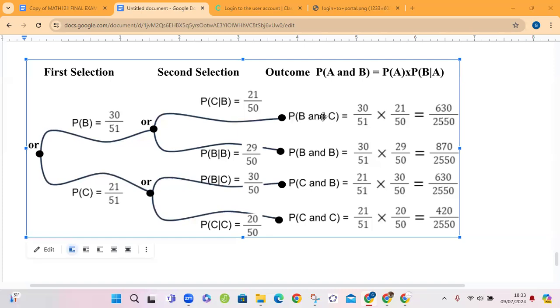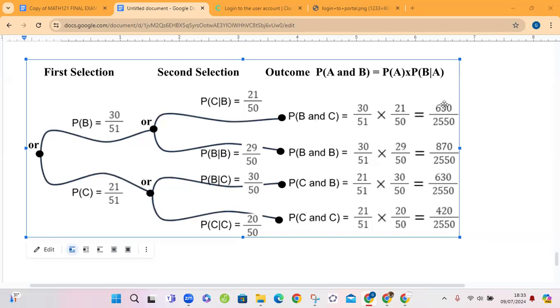There's a probability of that happening, and you can see the use of the word and here because we are talking about the outcomes. It is possible after both selections, she could have selected a berry and then a cherry. And to calculate that probability, we have to apply this formula, 30 over 51, here it is, multiplied by 21 over 50, which is 630 over 2550.